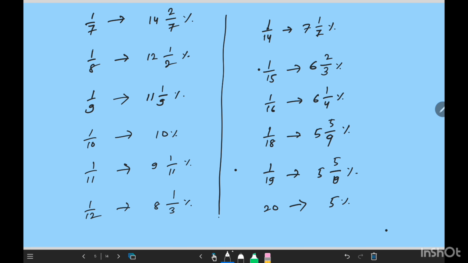Next, we have seen the numbers. We are going to take some special cases later.